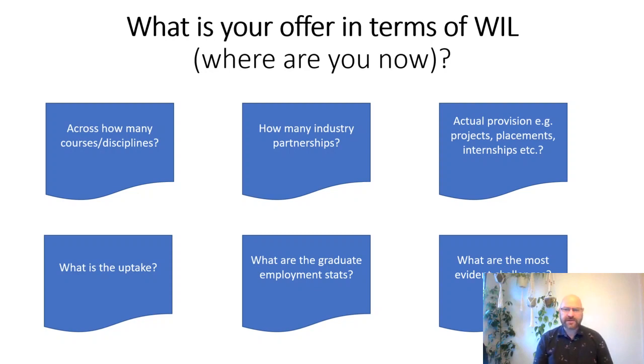Right, in the top right-hand corner, let's think about what is the actual provision of work integrated learning. Are you offering projects? Are you offering placements? Are you offering internships? Whatever the terminology is that you use, cooperative education, work-based learning, degree apprenticeships, what is it that you are providing?